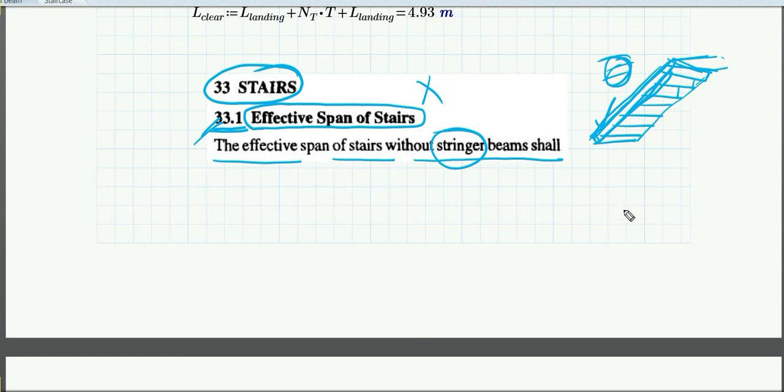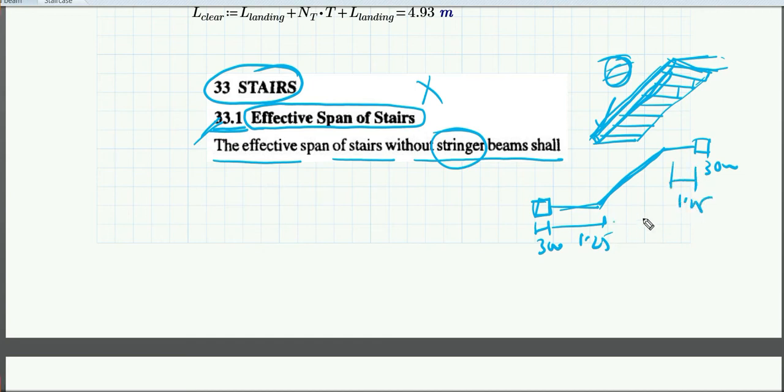Okay, so for our case, what is the condition here? Suppose this is the flight, the total actual flight of the stair. Here we have a beam and here we have another beam, right, with a dimension of 300 mm. Beam size is 300 mm, landing is 1.25, landing is 1.25, and this is now 9 into 270, right?